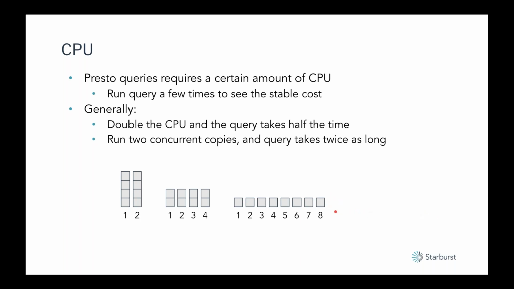If I had 16, I just have 8 more extra empty items here, and it would take a fixed amount of time. Presto divides its queries into units of work, and there's a certain number of these, and the fastest a query can go is basically the cost of the longest part of that work. So what I'm showing here is a super simplified model.